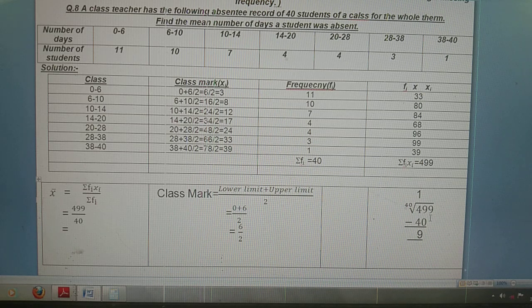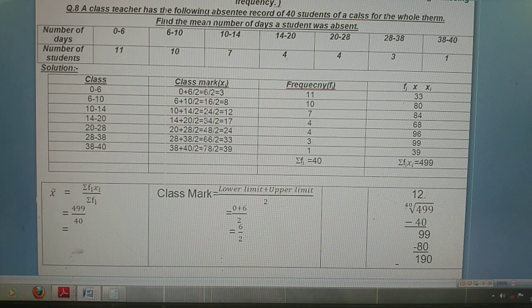Now here we'll put down 9, so it will be 99. Now 40 twos are 80. So 99 minus 80, it will be 19. Now we'll write 0, so it will be 190 and put the point in the answer.